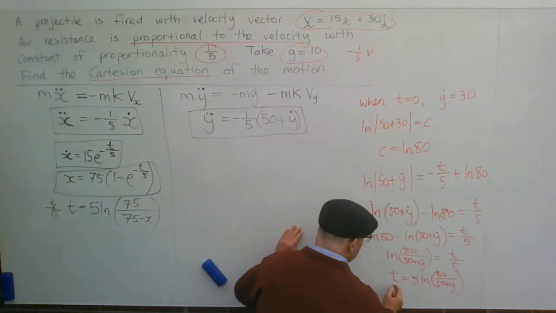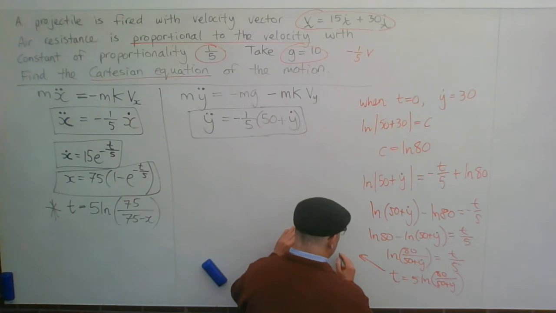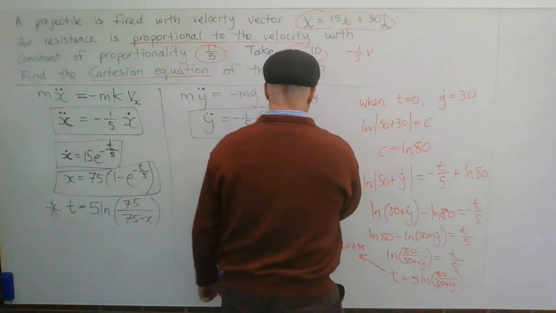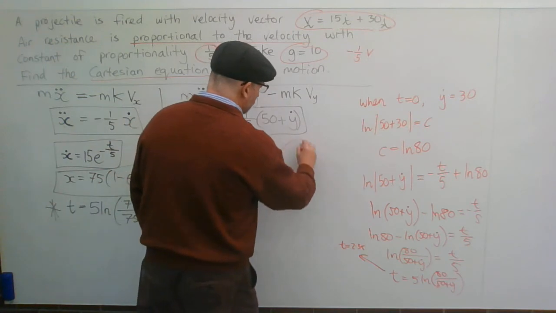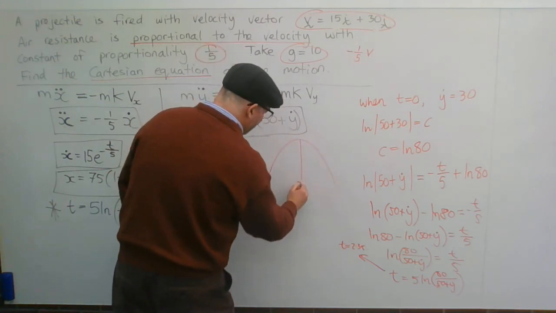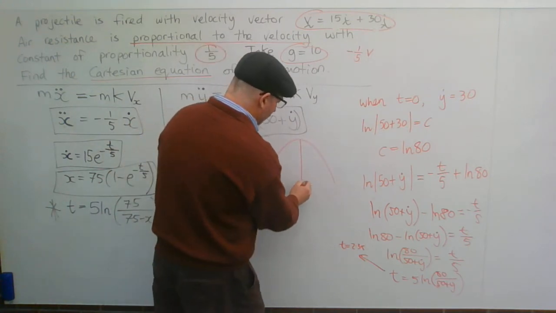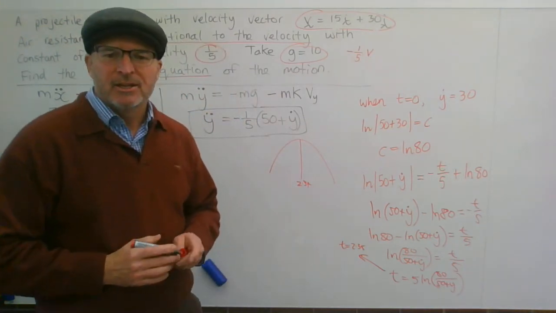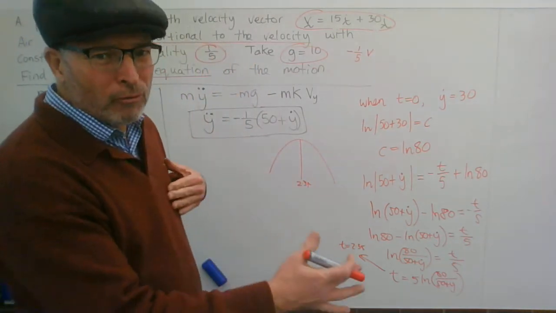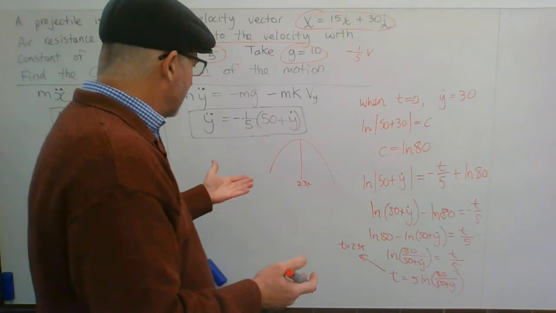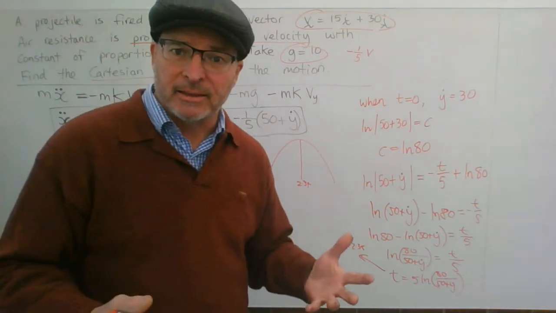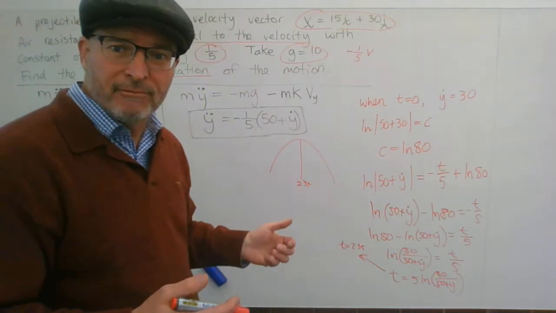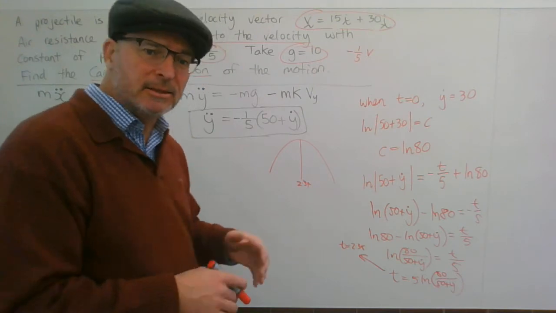I know it's a bit skewed, but the time roughly to get to the middle of the flight is 2.35 seconds. So the time for the whole flight is roughly double that, 4.7 seconds, let's say.